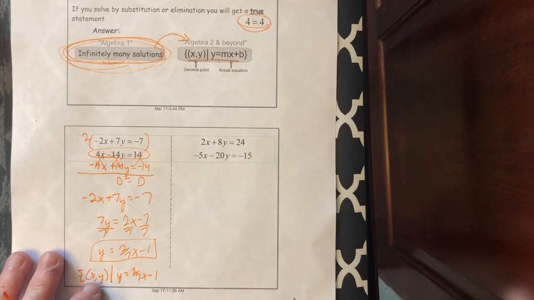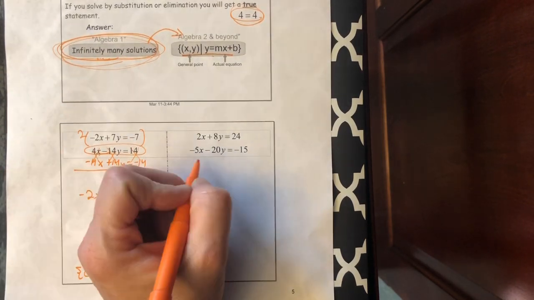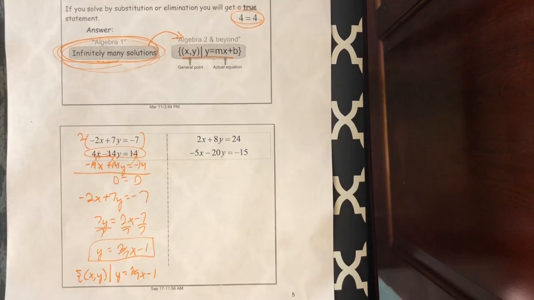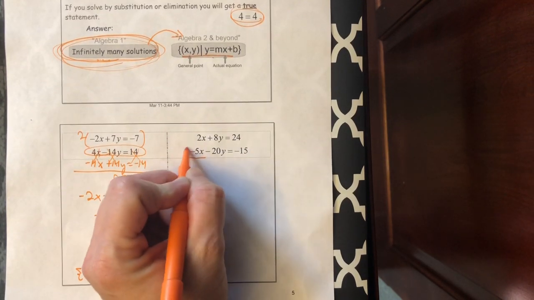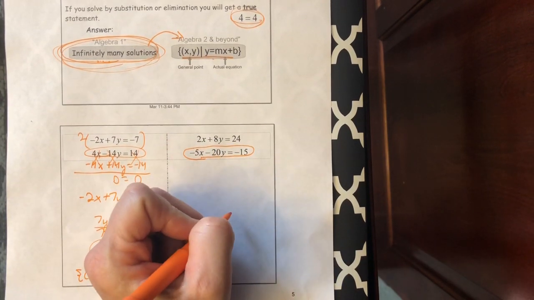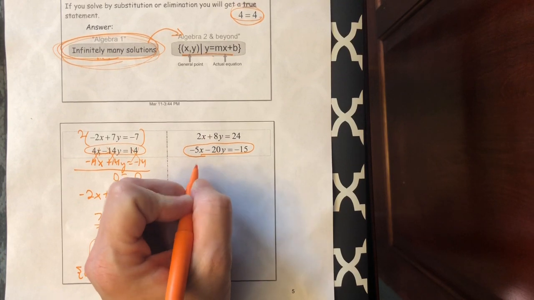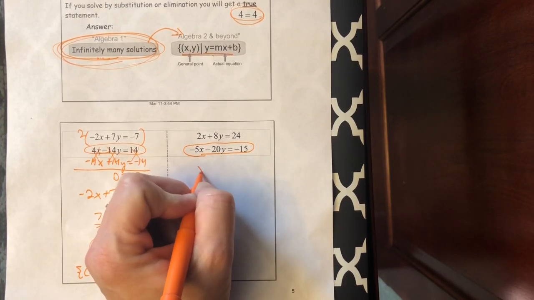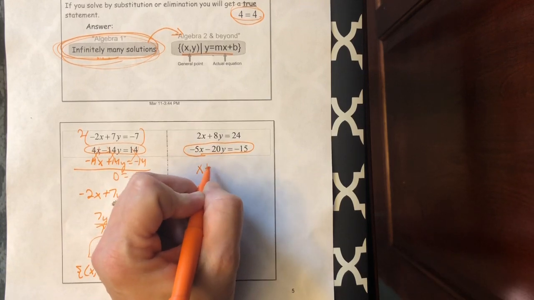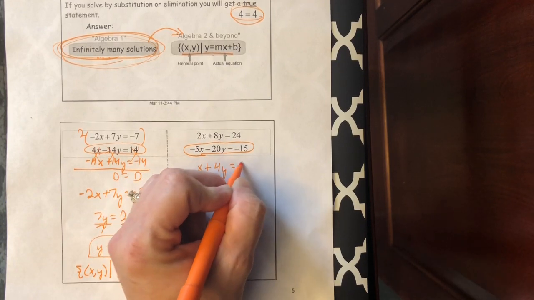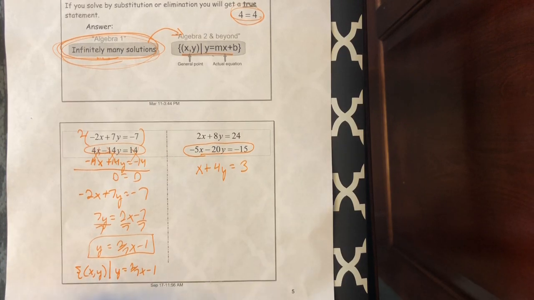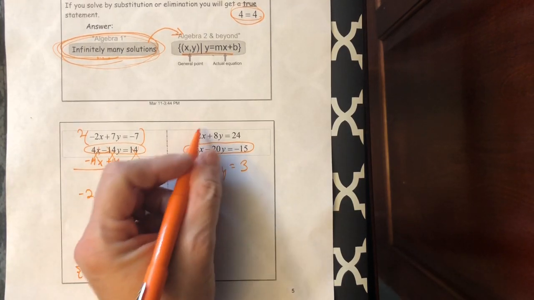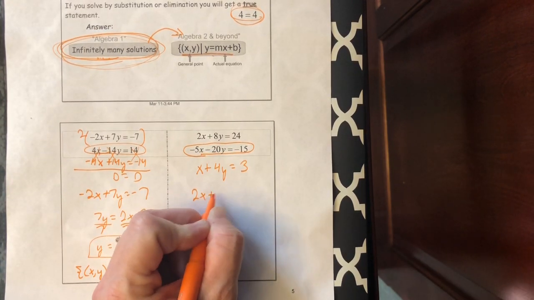Okay, let's do one more. So I have this situation. I think what I'm going to do is divide everything through by negative 5 to kind of simplify that. So then I have x plus 4y equals 3. Then let's go ahead and drop this down.